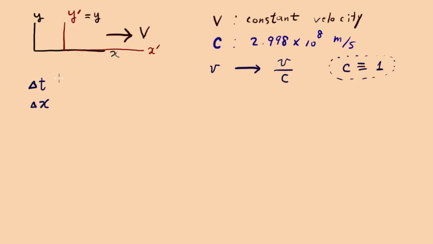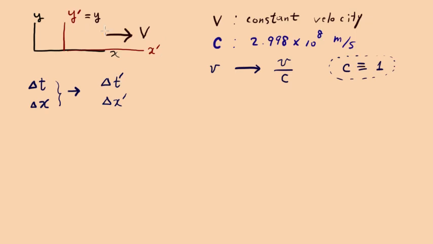So what we have in mind is that for some event that happens during a certain time duration and spatial duration, that's going to translate in this primed coordinate system into delta t prime and delta x prime. So the question that we ask is, what are the relationships between these two sets of values?